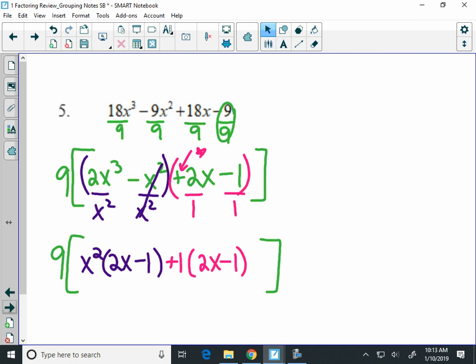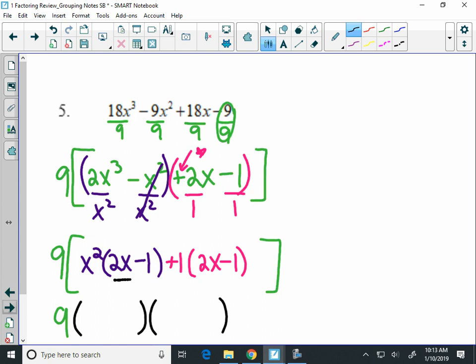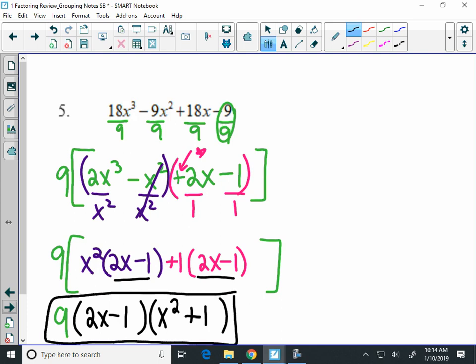Now for your final answer, you bring that 9 down, still your GCF. And then you have two other binomials. We have 2x minus 1, showing up twice, so that's one of my parentheses. And then the GCFs from in front, x squared plus 1. That entire thing is the final factored form.